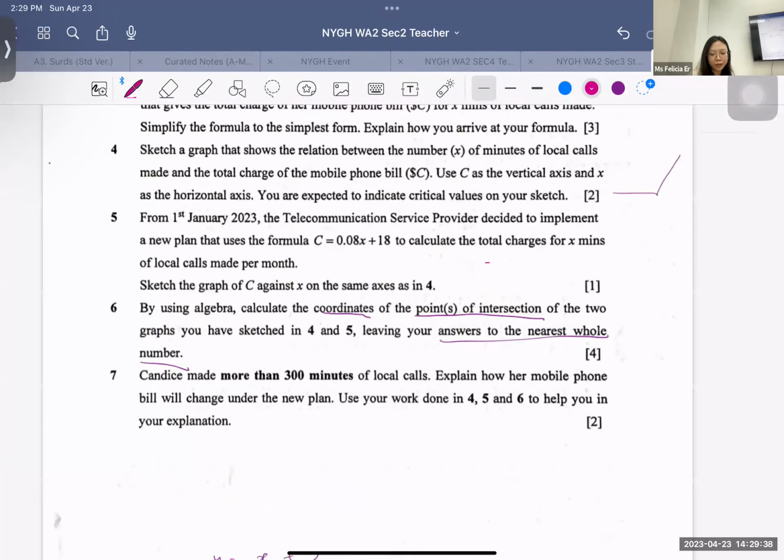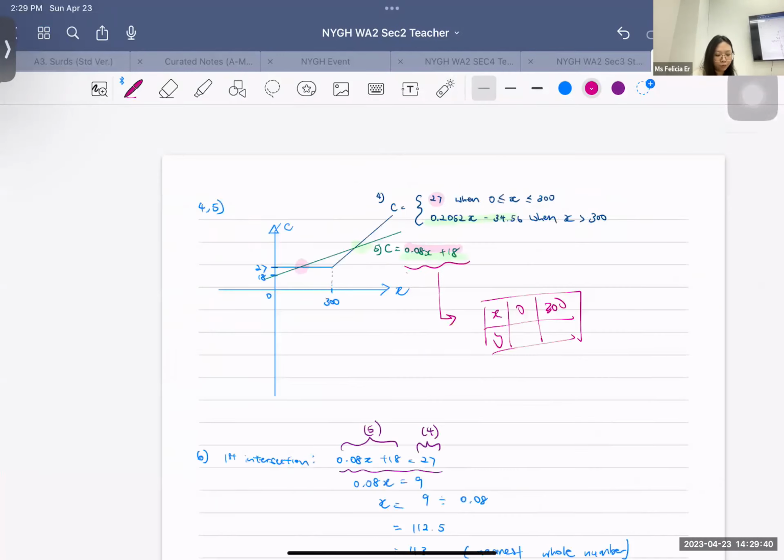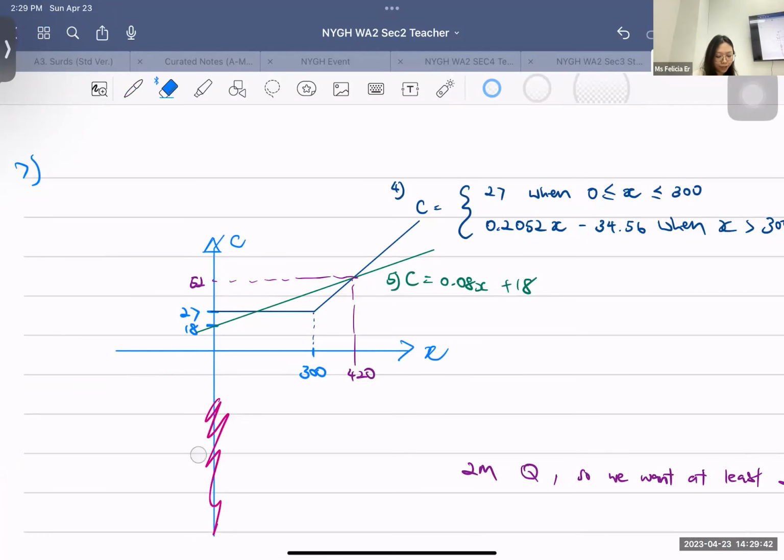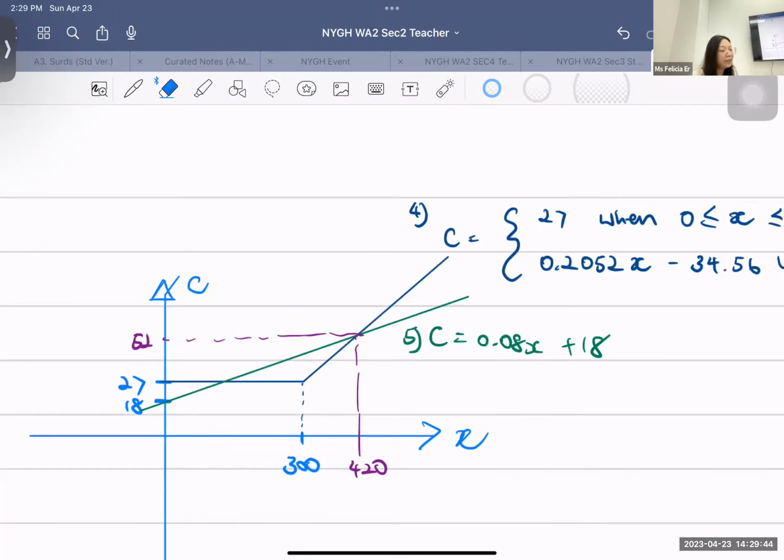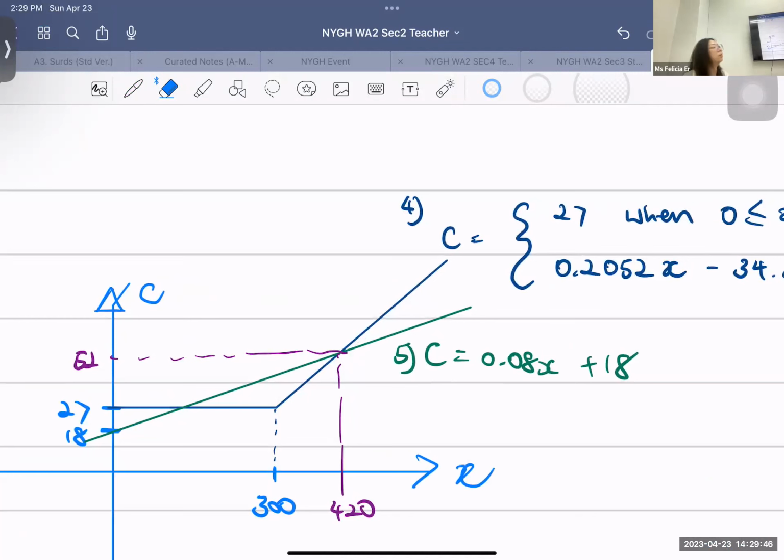So when you look at this graph, do you guys realize anything about the difference in mobile phone price charges? Anything that stands out to you between these 2 lines, your part 4 line, your part 5 line?